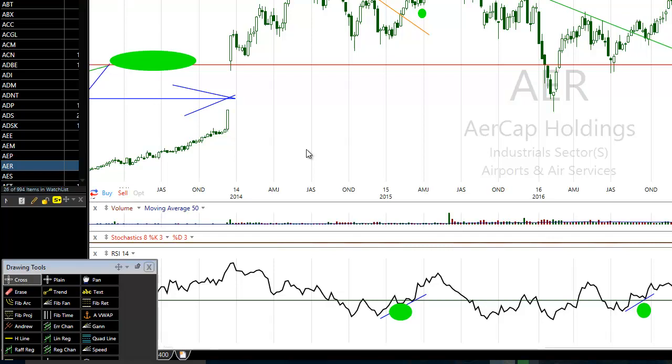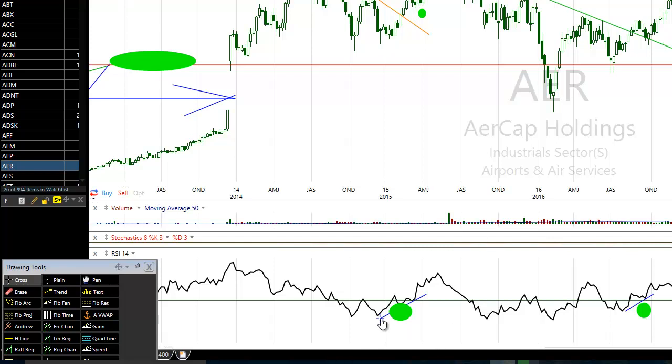So when the RSI is rising from below 50 and goes back above 50, we have a bullish trading setup. A stock where the RSI rose from below 50 and goes back above 50 is telling us that the stock is becoming more bullish. That's the ultimate role of the RSI, to identify bullish and bearish financial instruments.